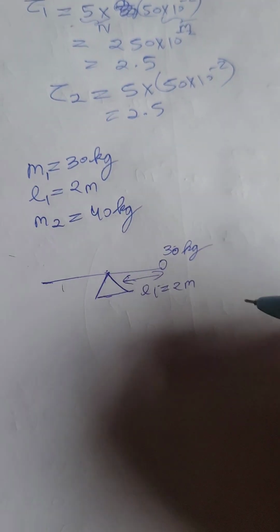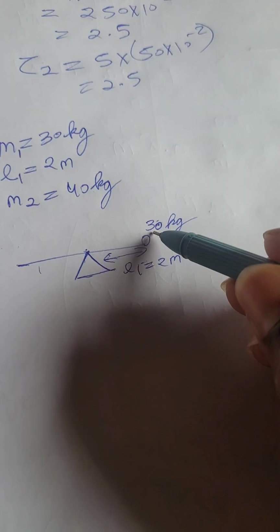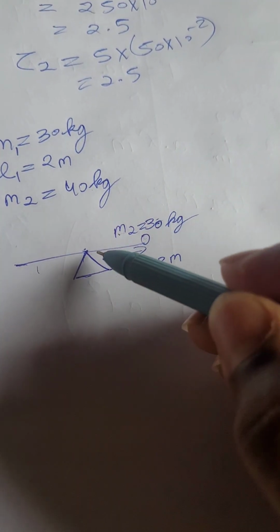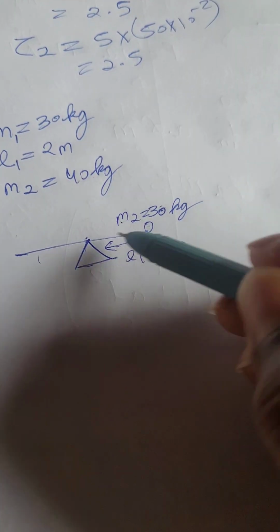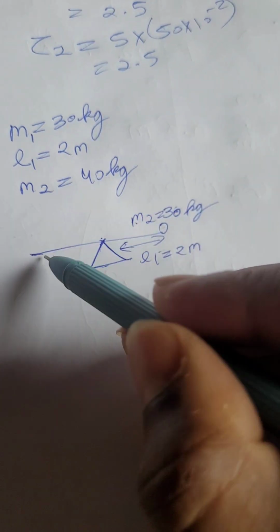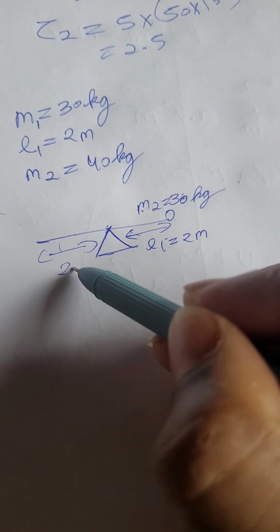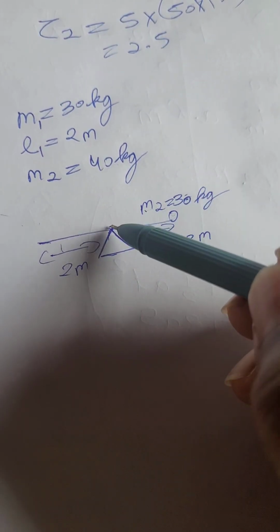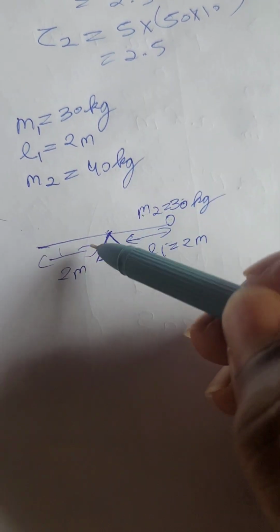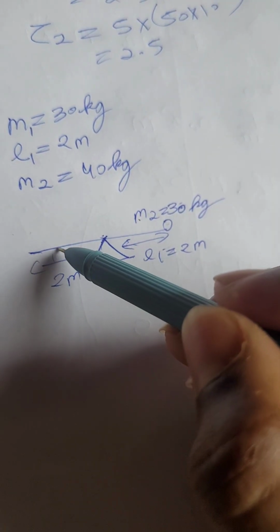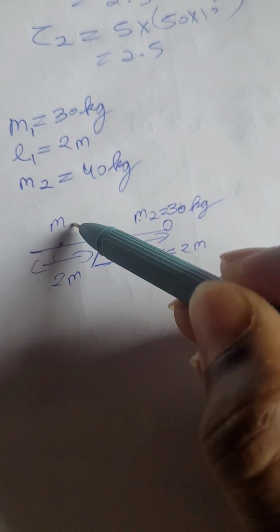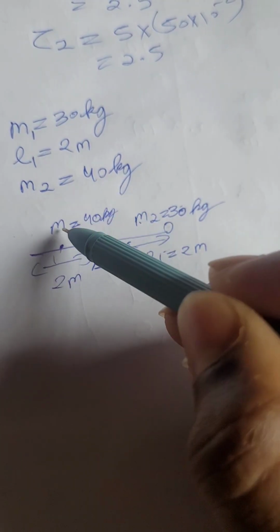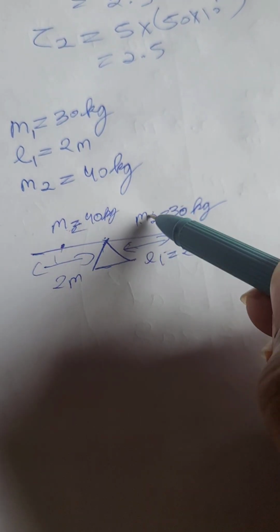Means this seesaw is also 2 meter long, because it is written the middle of the seesaw. So where should a boy of 40 kg be kept to balance it out? M2, it's M1, sorry.